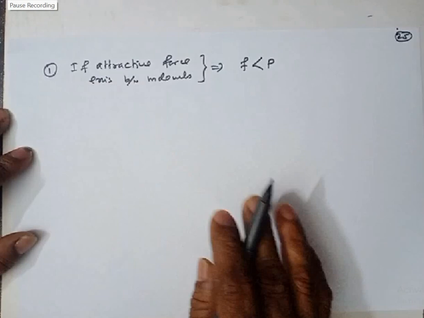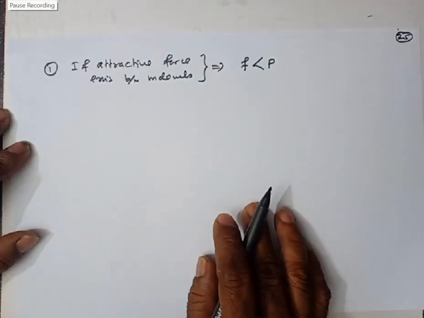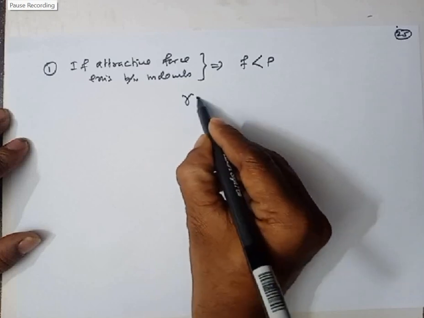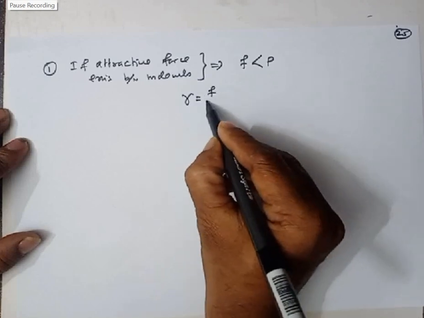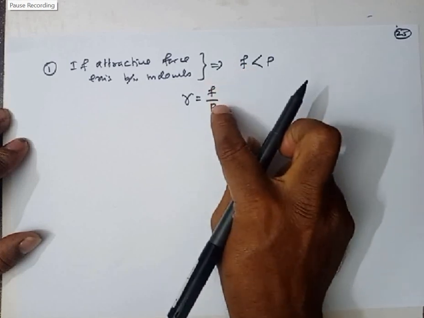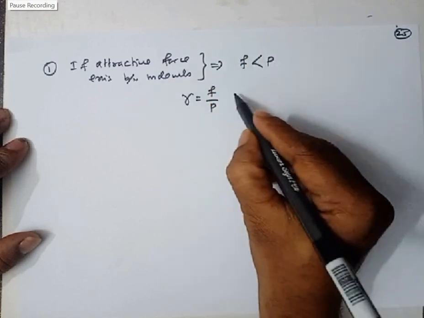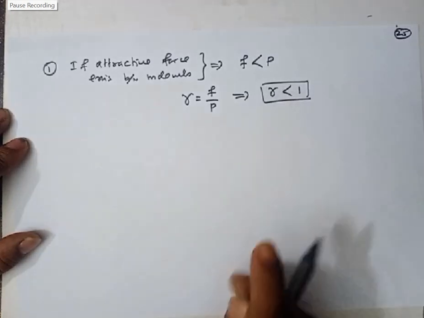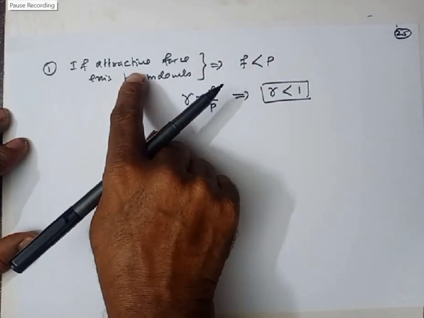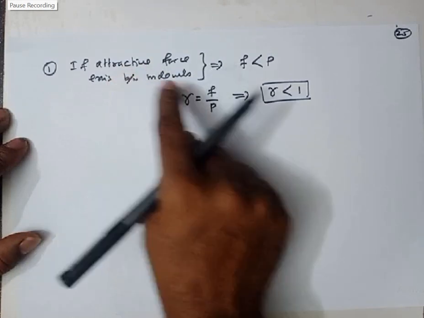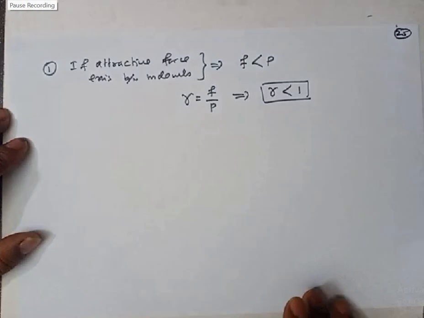I have told you already. Now, if F is less than pressure, what is gamma? Gamma is F by P. Fugacity is low, so the numerator is low and the denominator is high, which means gamma should be less than 1. For a real gas in which an attractive force exists between molecules, the gamma value will be less than 1.